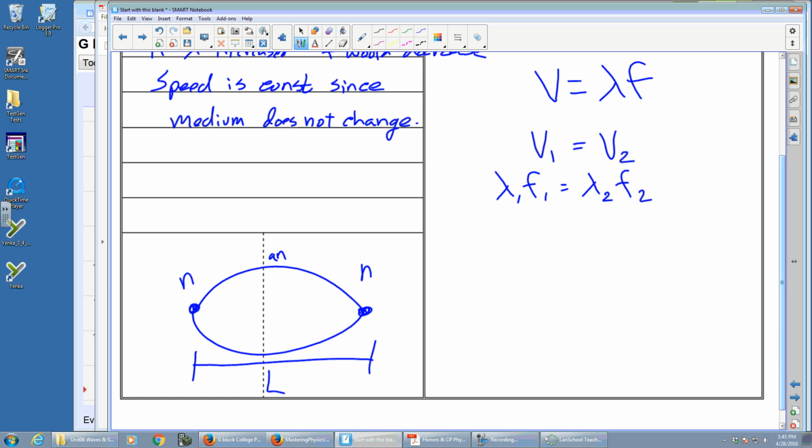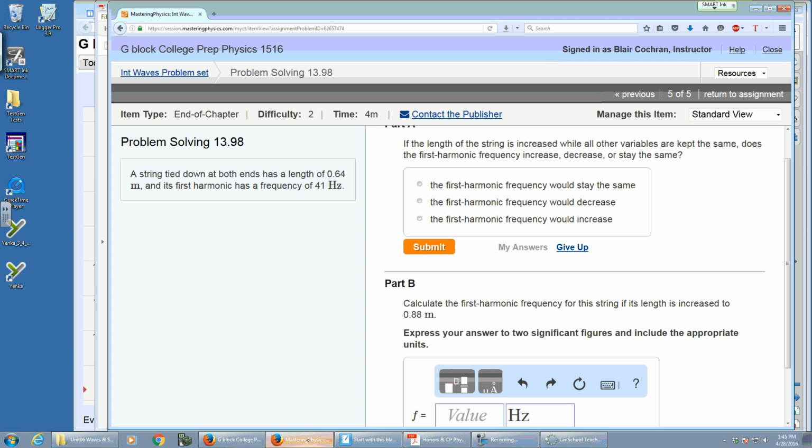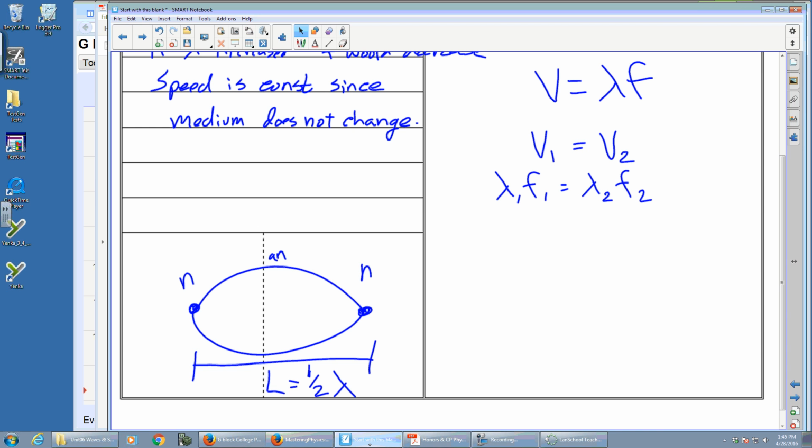And we know the length of the string is 1/2 lambda. So you do know the wavelength ahead of time, you know the frequency ahead of time. You're told, I believe, the wavelength afterwards, right? Yes. And therefore, you can figure out the frequency afterwards. So a little substitution there, a little algebra, and you're all set. I think that's all of them.